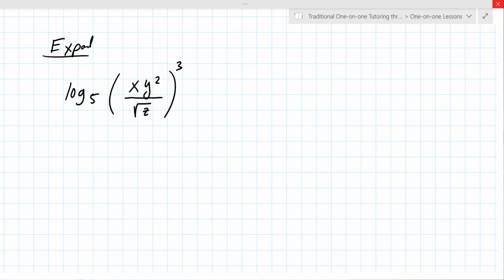Is that y square root of 2 or y square root of z? Square root of z. Okay.